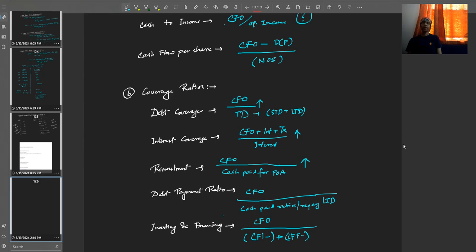Cash flow from operations divided by the sum of cash outflows from investing activities, CFI minus, and cash outflows from financing activities, CFF minus. This is the ratio which is called investing and financing ratio. Then there is one more ratio which is called the dividend paid ratio. Dividend paid ratio. This is equal to CFO divided by the dividends paid.